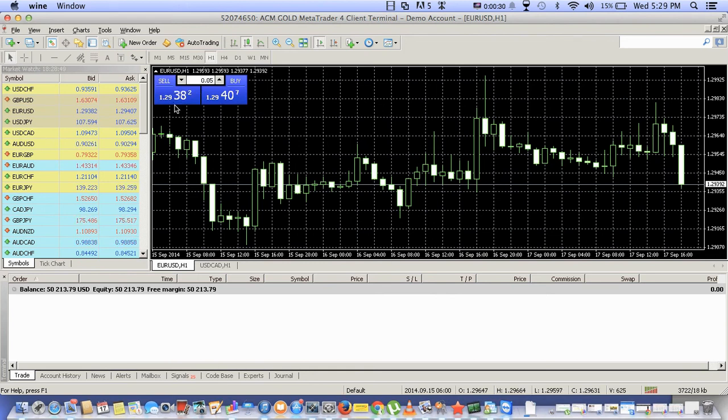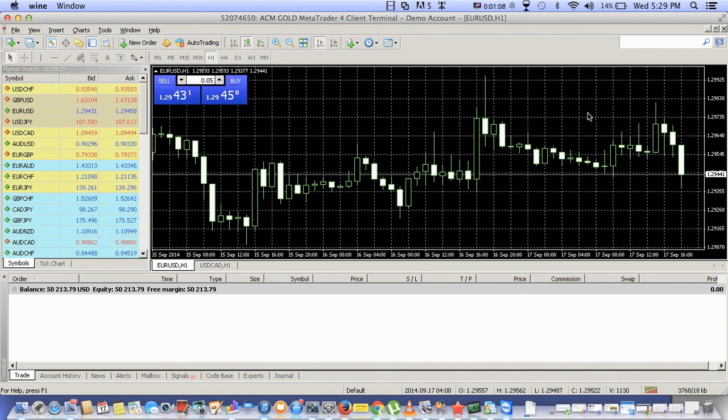If you click on it, it will open a trader's keypad where you can sell and buy the instrument on the chart that you have opened. In this case, it's Euro USD, so if you click buy or sell, it will open a trade on Euro USD.